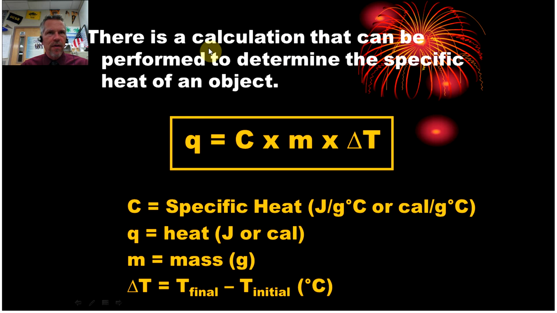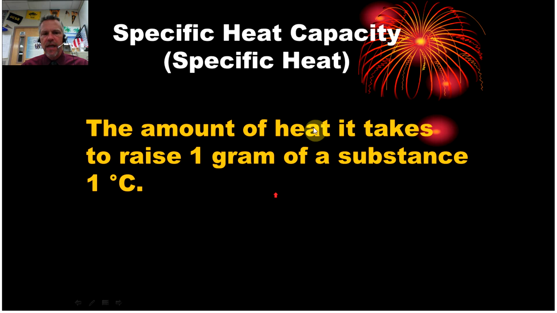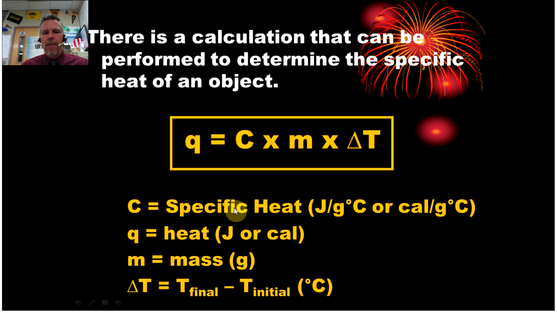So, of course, we have a calculation, because we like to do calculations in chemistry, and this is one that ties these concepts together. So here, capital C is our specific heat capacity, which, again, is the amount of heat it takes to raise 1 gram of a substance by 1 degree. And this is measured in joules, which is our energy measurement, per gram degree C, or calories per gram degree C, because remember, there are 2 ways to measure heat, either in joules or in calories.